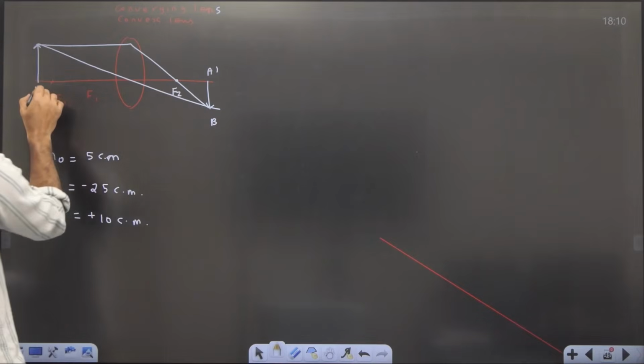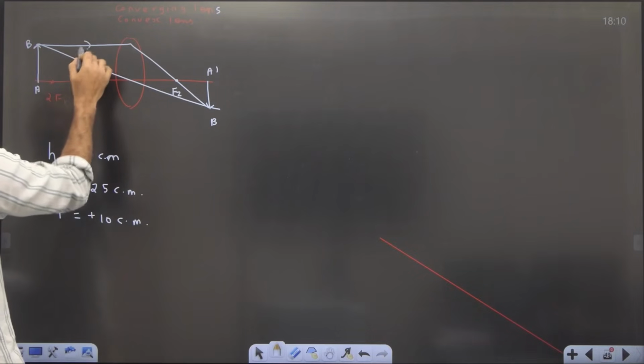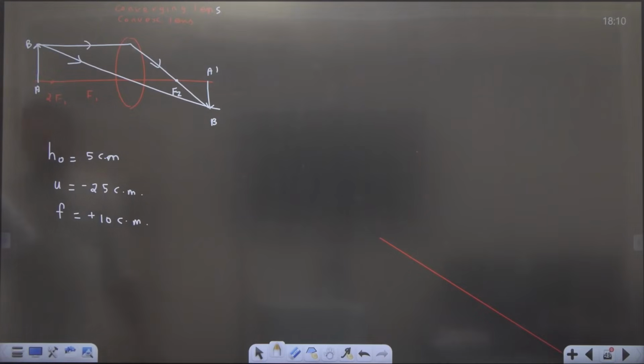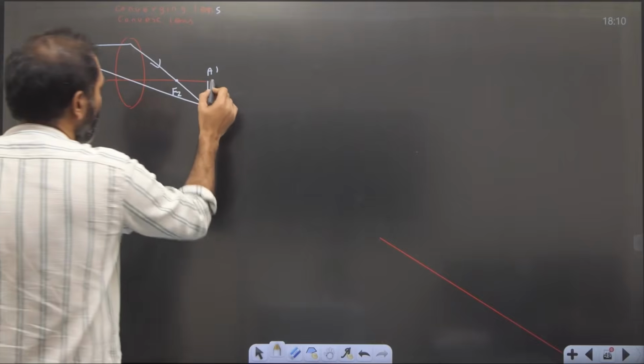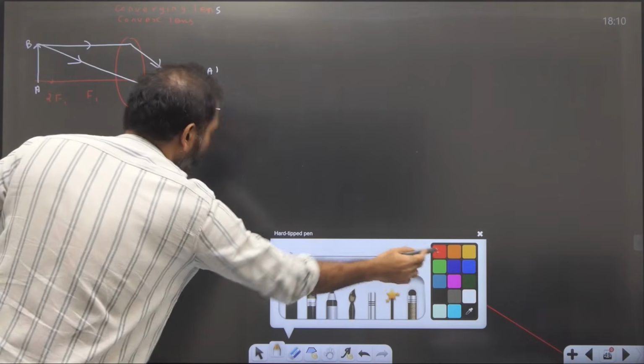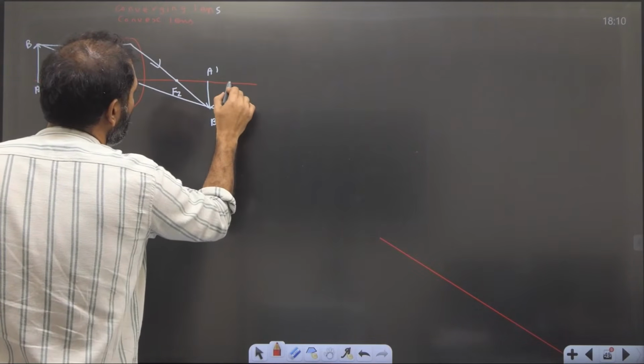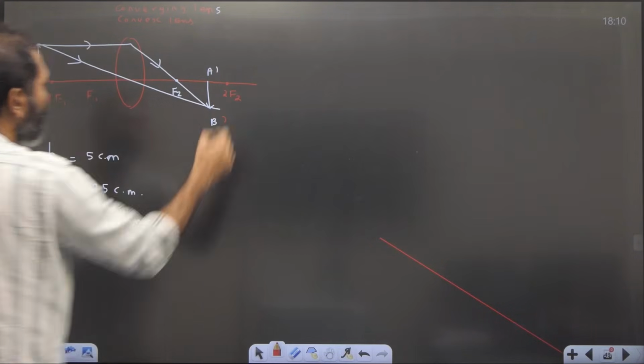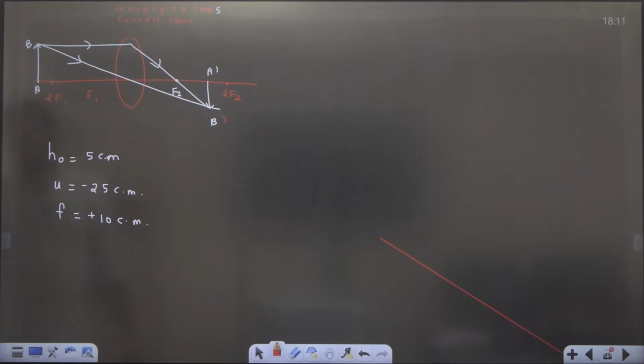This is the object AB. I forgot to give the directed arrows, which is very important. So this is the case where we are getting the image. The image is formed between F2 and 2F2.